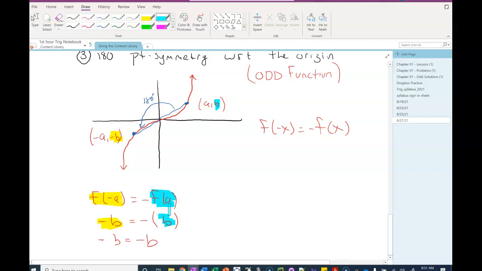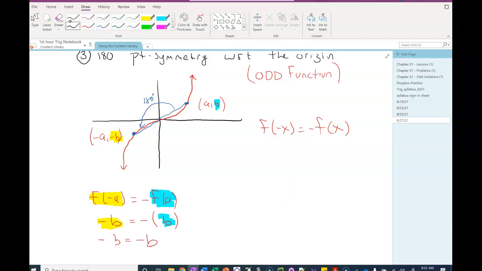The y-coordinate of negative A is the opposite of the y-coordinate for positive A. Is that okay? Yeah. Thanks. So maybe not the most intuitive way of writing that relationship, but it turns out this is the most practical way of writing this relationship for what we're going to use this for.